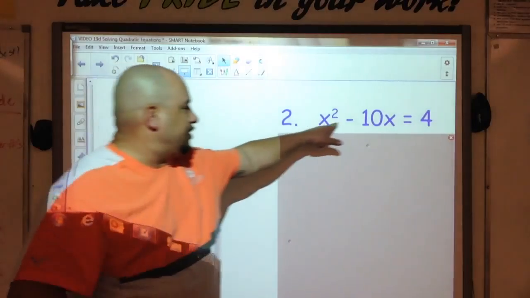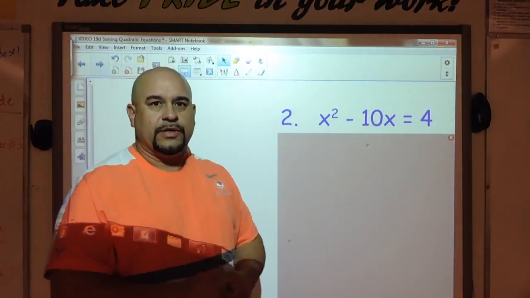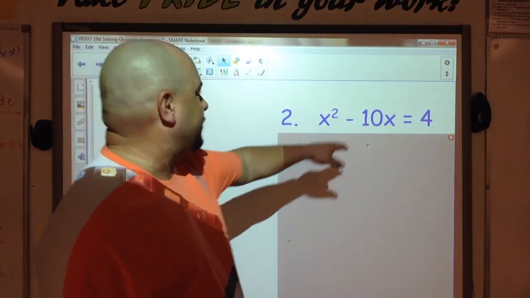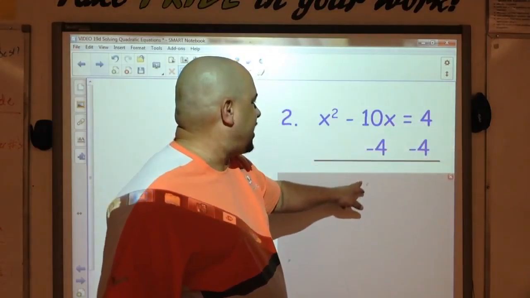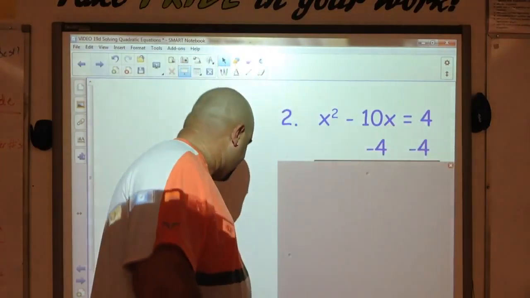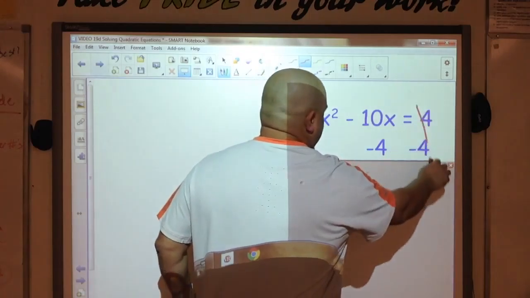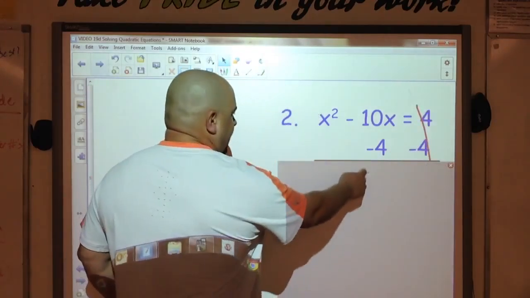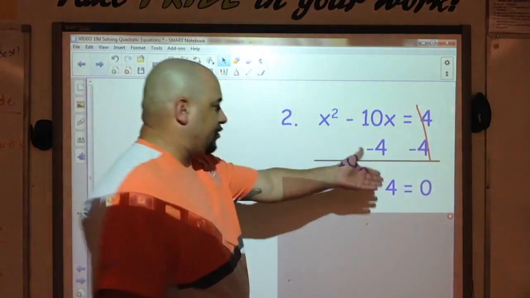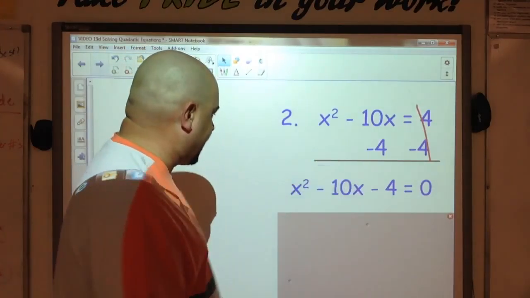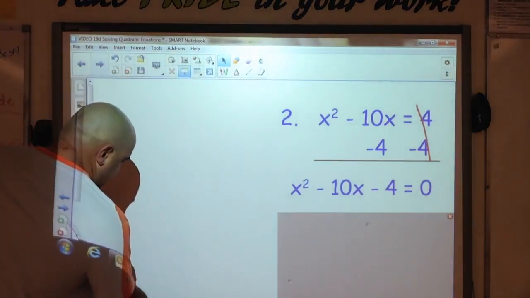Notice number 2 is not written equal to 0. Because of that, I'm going to have to subtract 4 from both sides. Once I subtract 4 from both sides, this cancels out, and 4 minus 4 is 0. I rewrite this as x squared minus 10x minus 4.